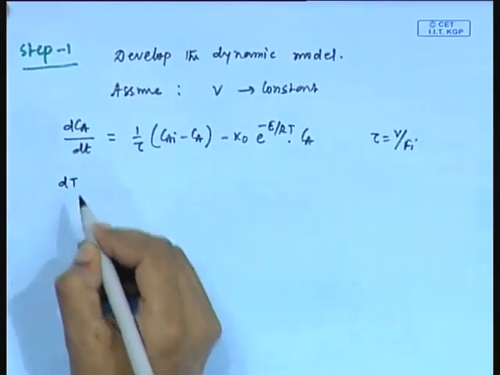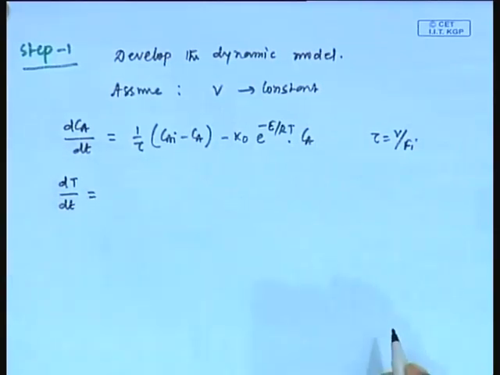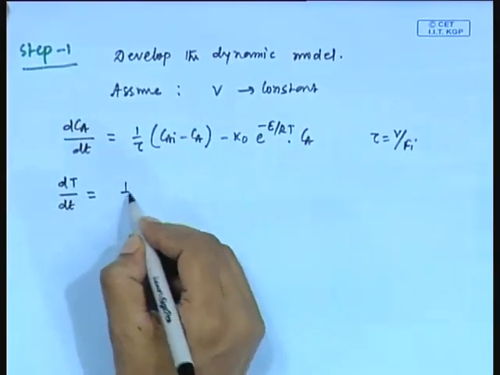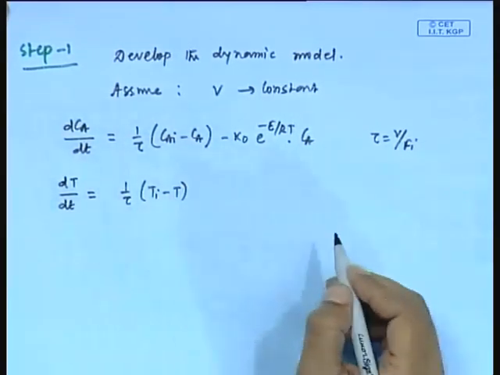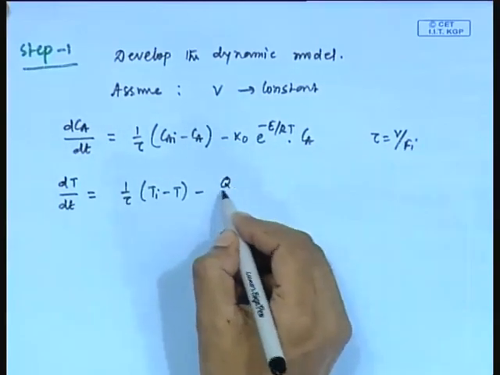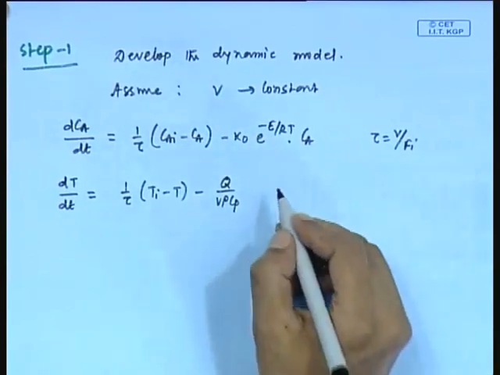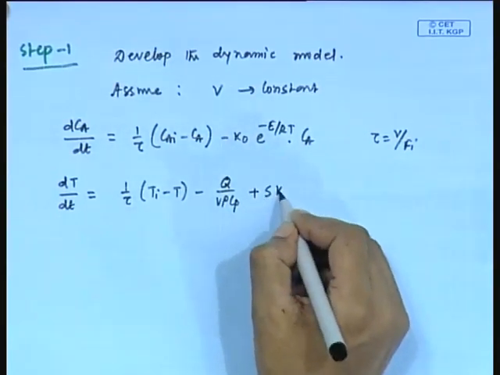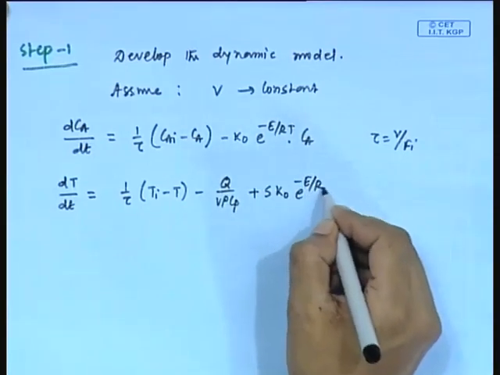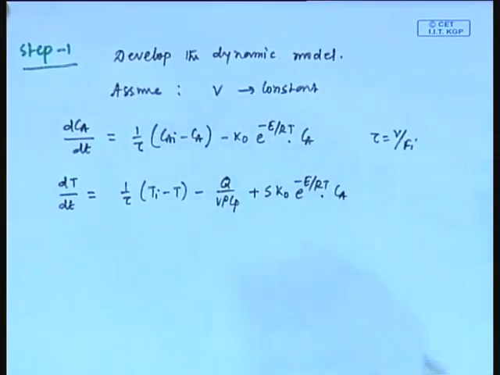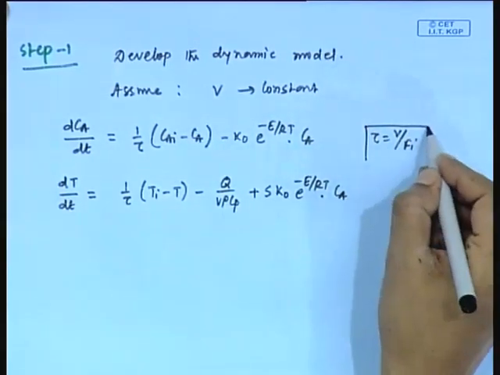Similarly, we will write another equation, that is dT/dt equal to 1 divided by tau (Ti minus T) minus Q divided by V rho Cp plus S k naught exponential of minus E divided by RT, CA. So, what is S?